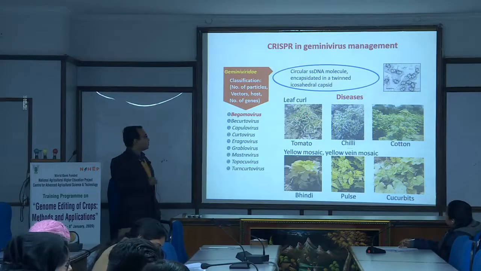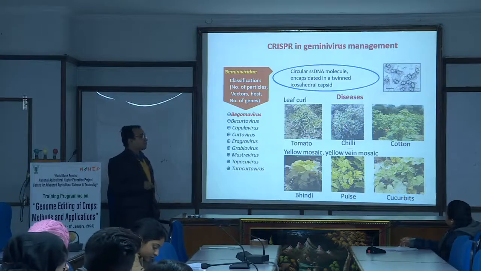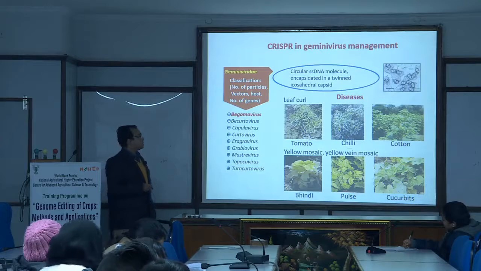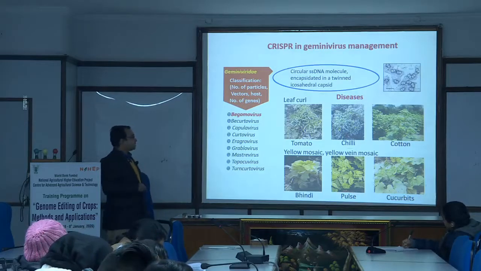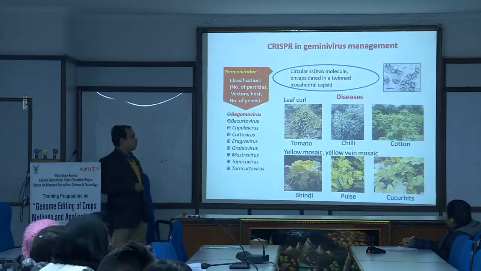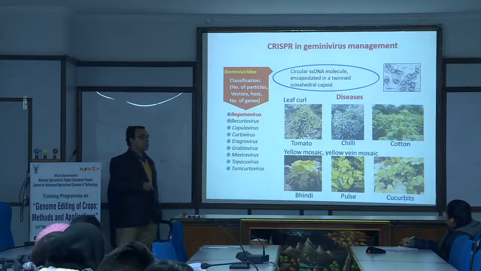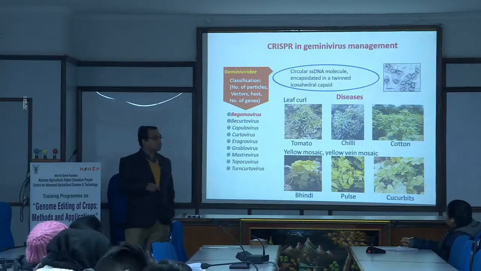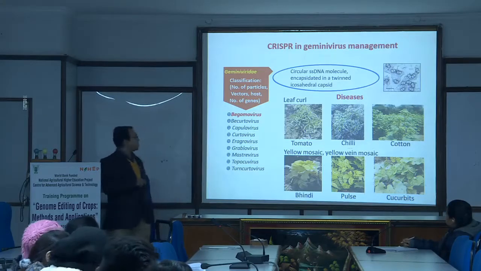So, tomato leaf curl, chili leaf curl, cotton leaf curl: these leaf curl diseases are very important worldwide. The second group is yellow mosaic or yellow vein mosaic, like Bhendi yellow vein mosaic, yellow mosaic of pulse crops, then yellow mosaic of cucurbits. These kinds of diseases are caused by begomoviruses.